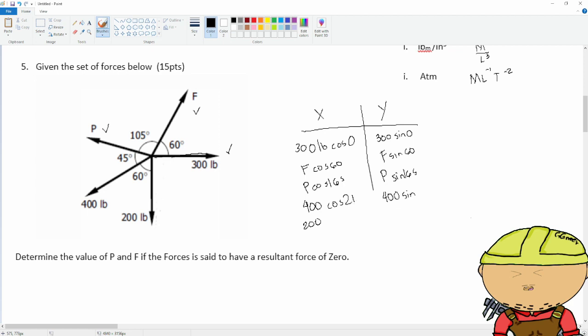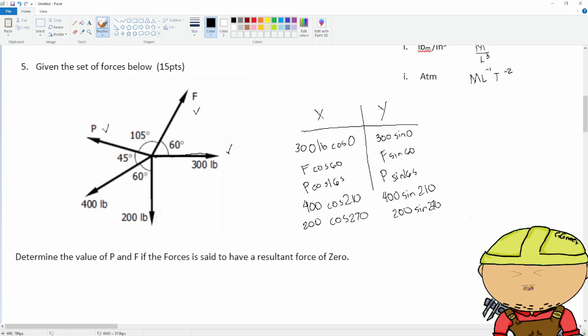Double check your answer. Use your brain, and use your calculator. It's an exam, right? Physics. So 200 cosine 270, 200 sine 270.